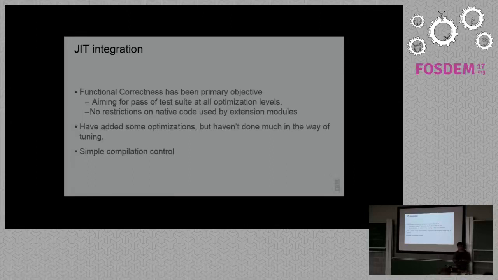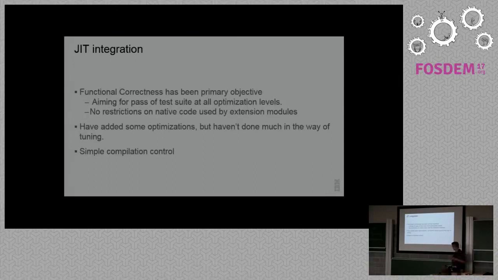And as I said, the goal here is integration, not replacement. So we don't put any restrictions on native code. Since the preview, we've added some optimizations and reworked a couple of others. So I have reworked the way that our inliner works a little bit, taking advantage of the new call caches that got added for Ruby 2.4.